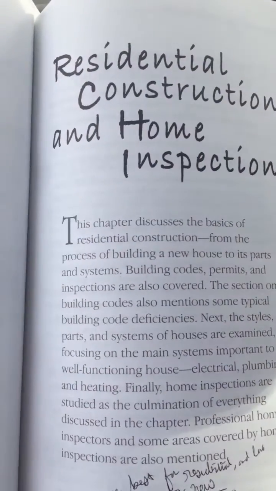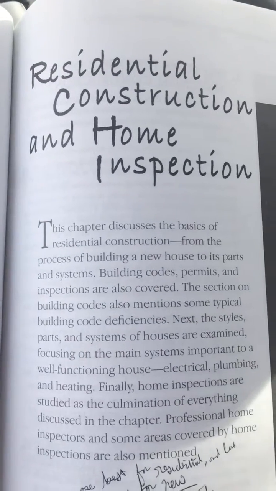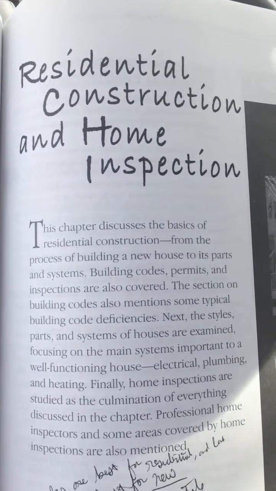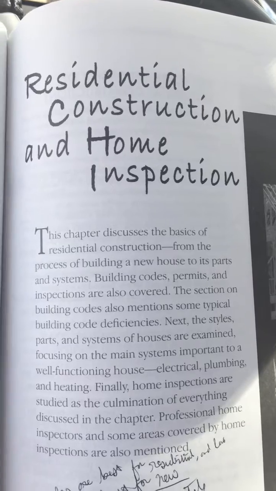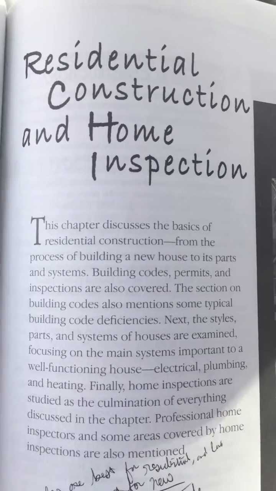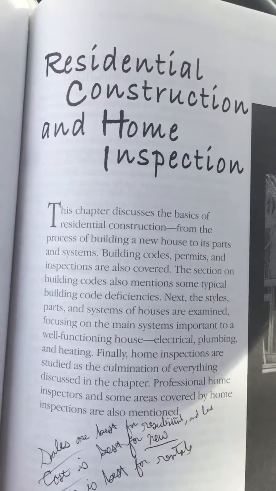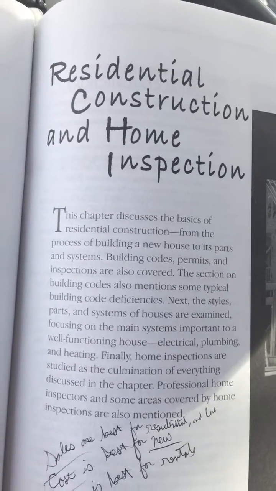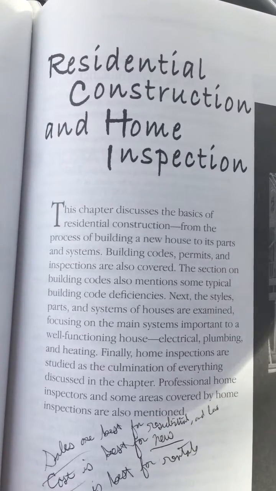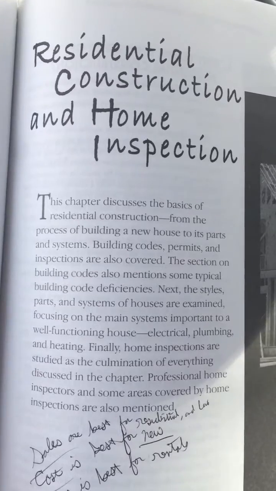Chapter 6. This chapter discusses the basics of residential construction, from the process of building a new house to its parts and systems. Building codes, permits, and inspections are also covered. The section on building codes also mentions some typical building code deficiencies.